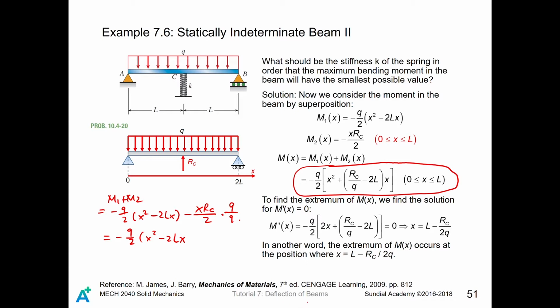Then here you take out Q divided by 2. It will become x times RC divided by Q, which is a positive sign.